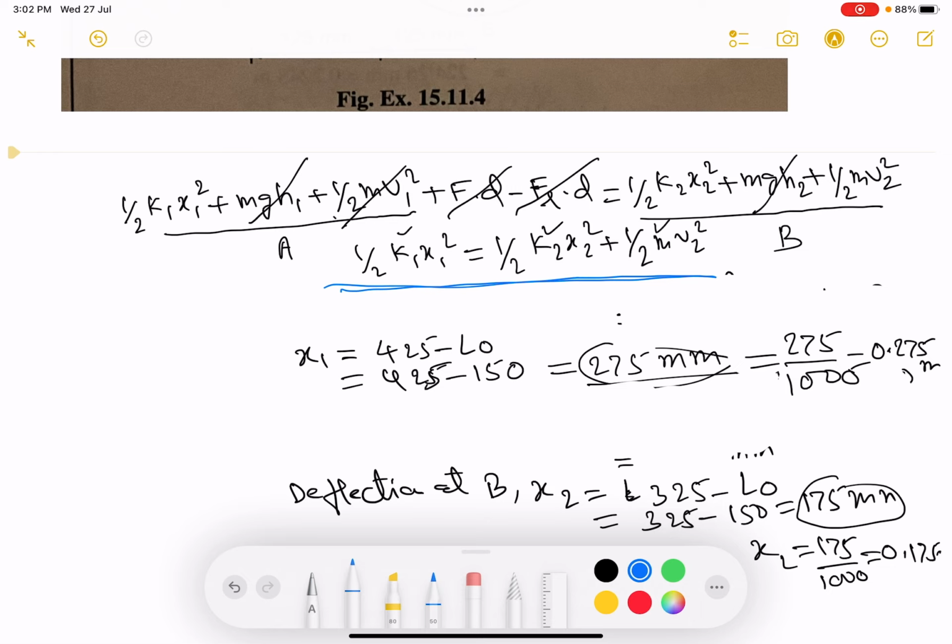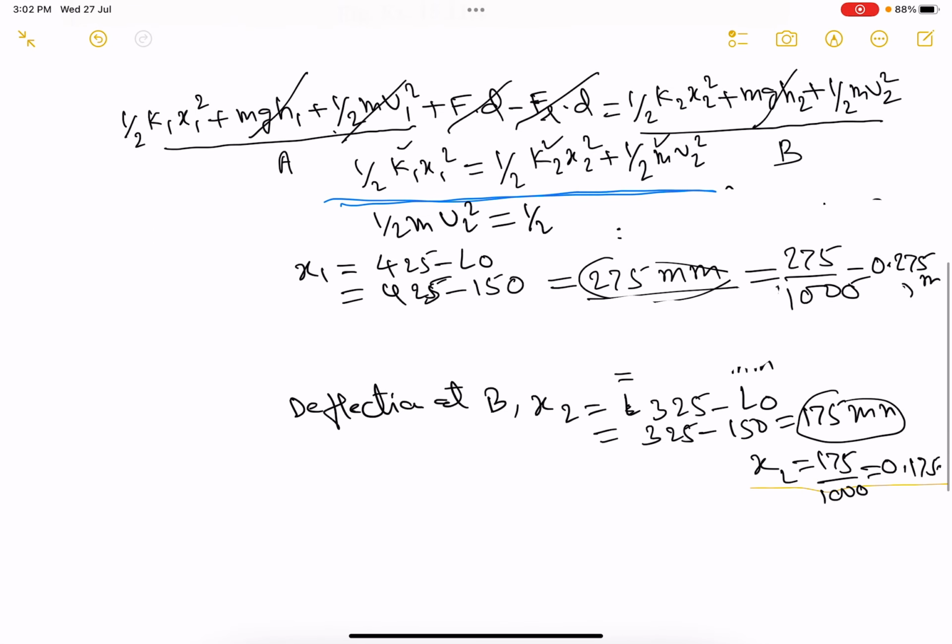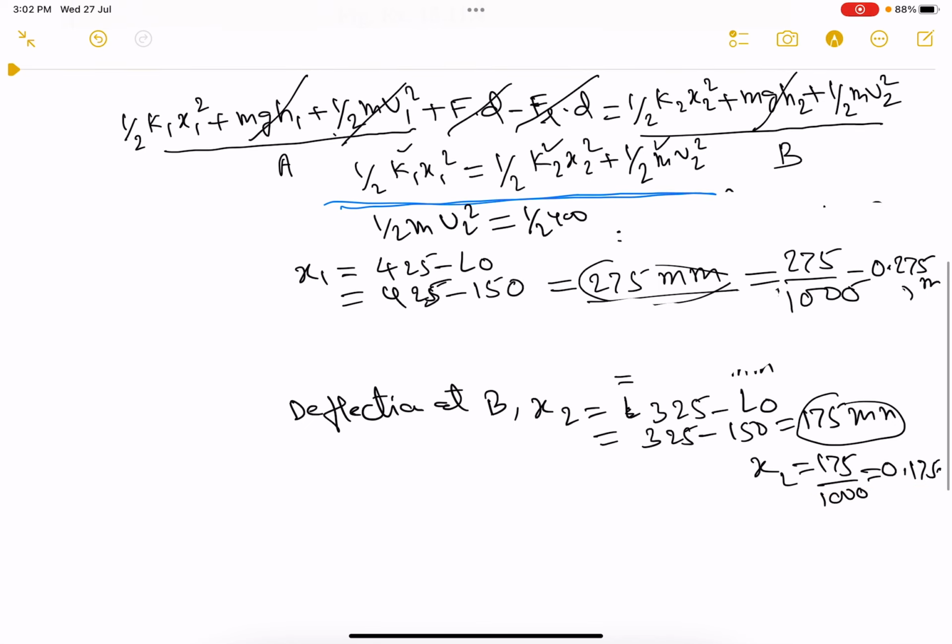I'm writing half m v2 square is equal to half K, and K is 400, so half into 400 into x1 square, 0.275 square, minus x2 square, 0.175 square, right?